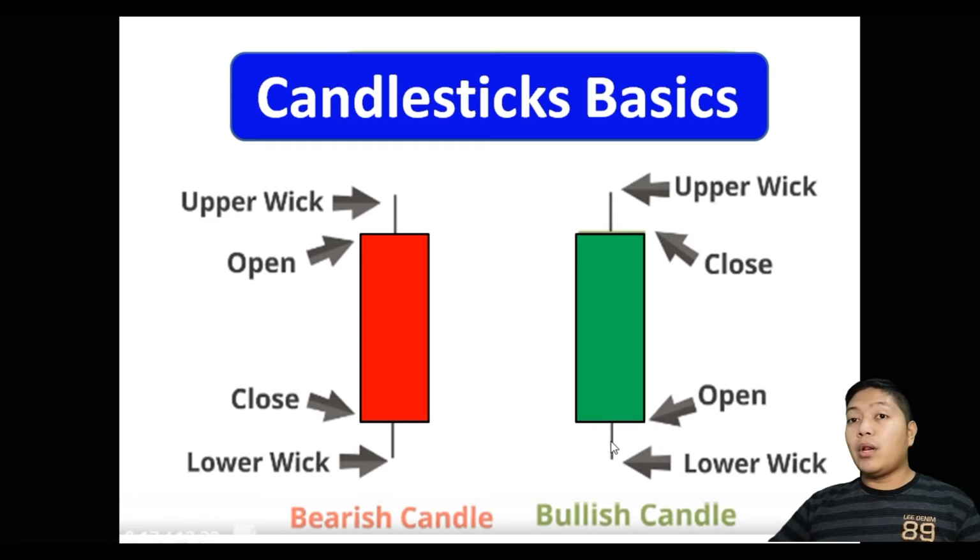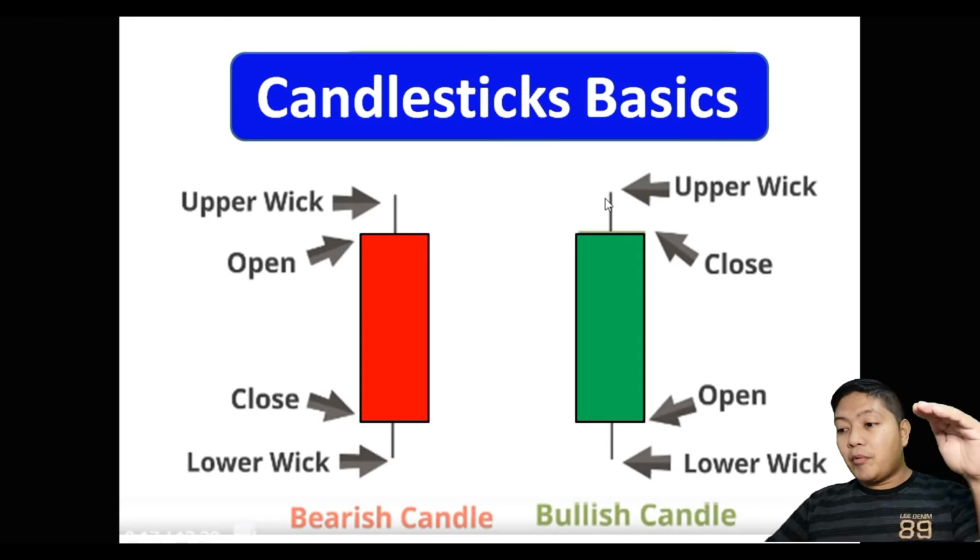When it comes down, it will form a lower wick, the lower wick of the candle. Then it goes up and down again, and the moment it comes up, it will form an upper wick. After it forms an upper wick, there is another pullback down of the candle.